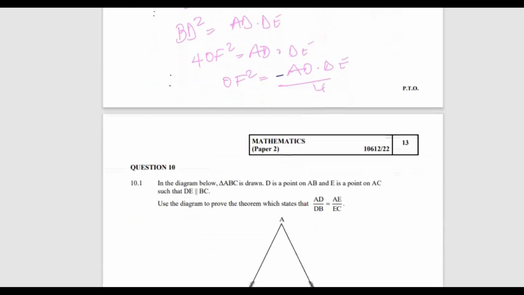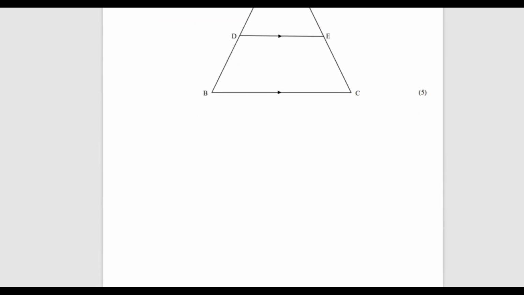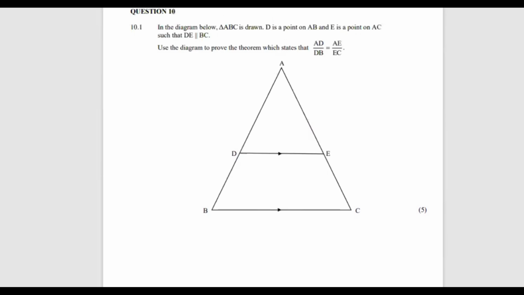All right, then question number 10. They just want us to prove this theorem. So in this diagram, ABC is drawn, and D is a point on AB, and E is a point on AC, such that these two lines are parallel.